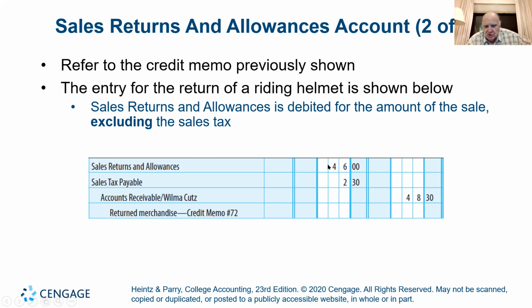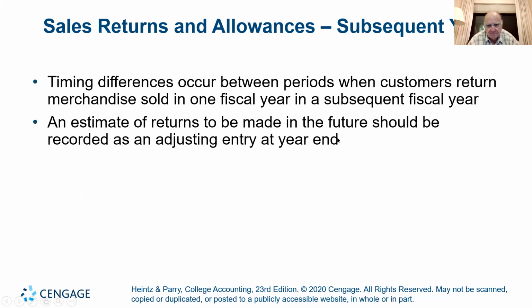The $46 is the merchandise. We sold her a book or something for $46, and now she no longer owes us the sales tax, so therefore we no longer owe it to the state. So look at these journal entries. This is a big gist of this chapter.